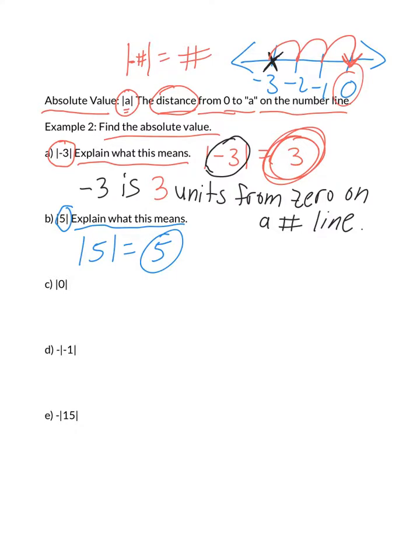So the only thing absolute value does is get rid of any kind of negative sign, which there wasn't any in this particular question. Explain what this means. It means that, in this case, 5 was inside the absolute value bars. So +5 is 5 units from 0 on a number line.